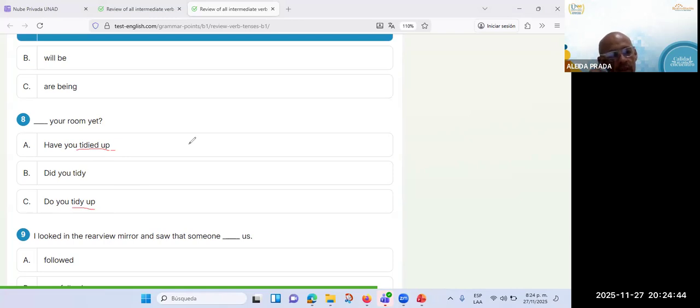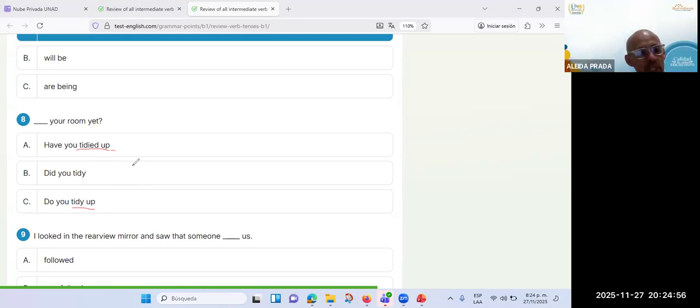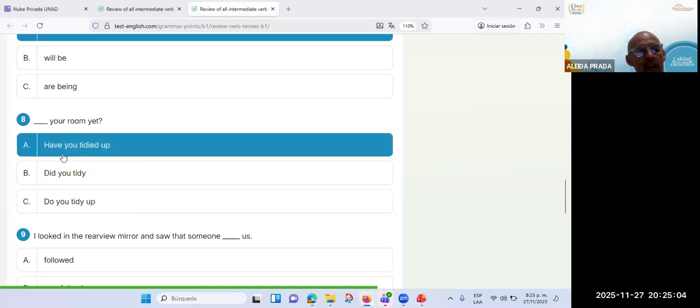Or organize. You organize your room, you clean your room, you tidy up your room. So, Paula, what do you think? I think that is A. Have you tidied up your room yet? And of course, that's the correct one. Very good.